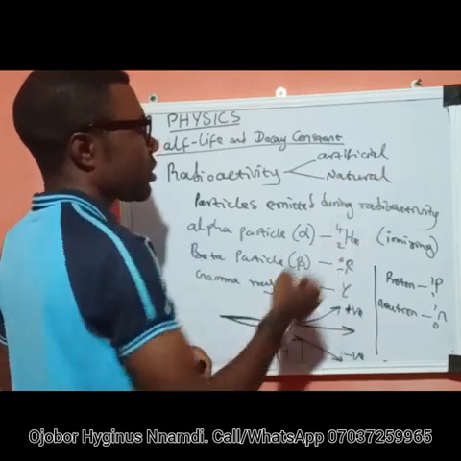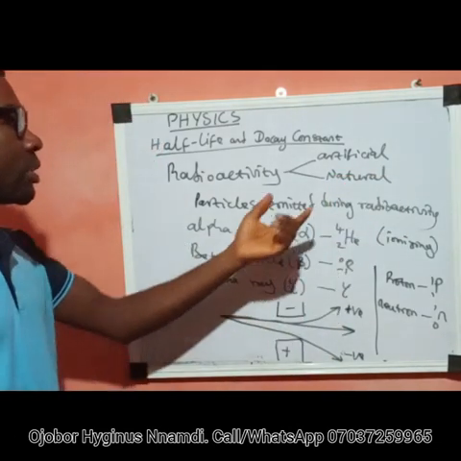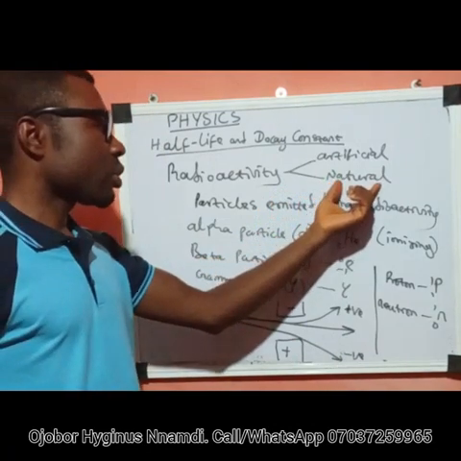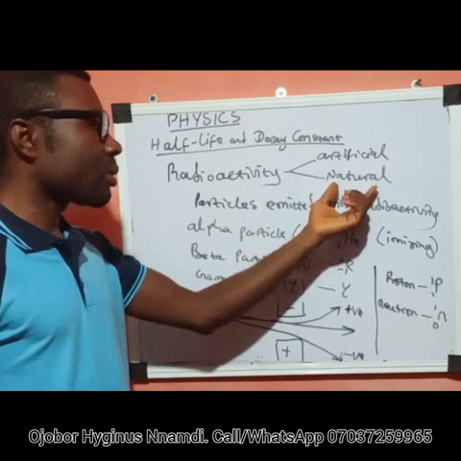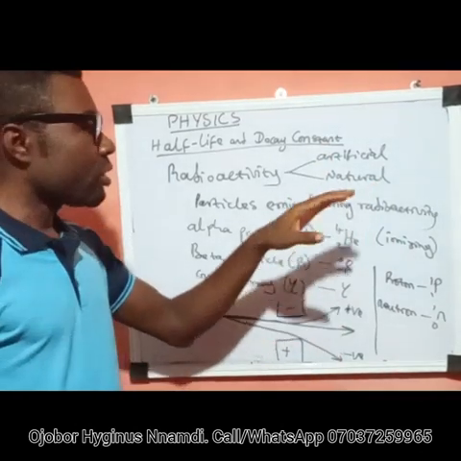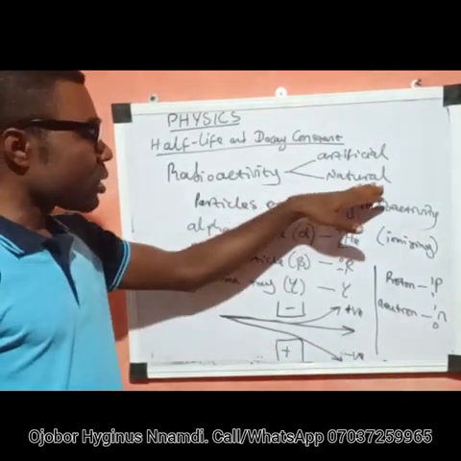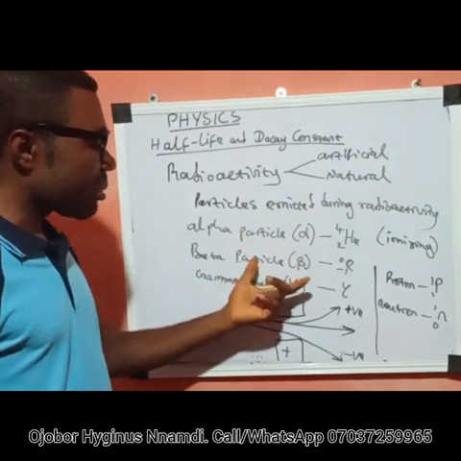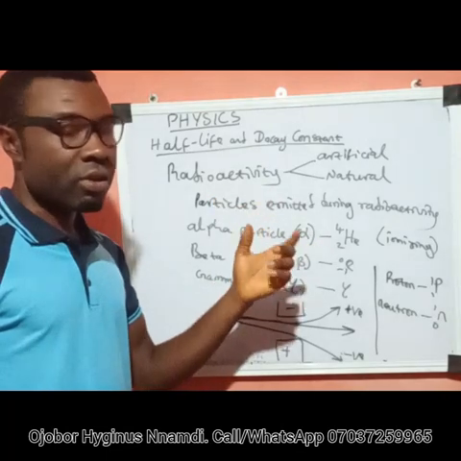From the names natural and artificial, we know that natural is the one that occurs spontaneously, without any external effect, emitting alpha particle, beta particle, gamma ray with the release of energy.